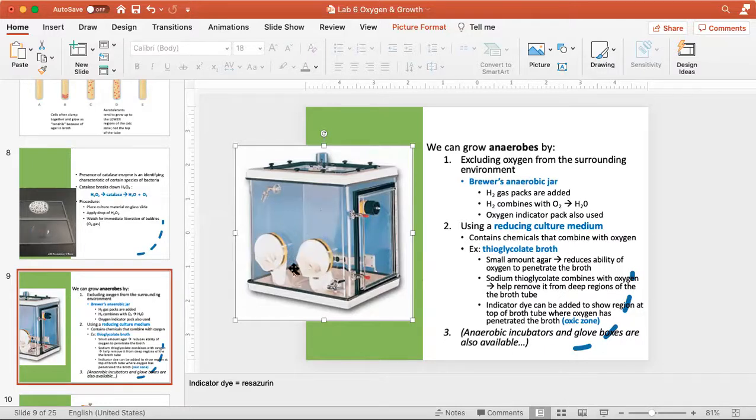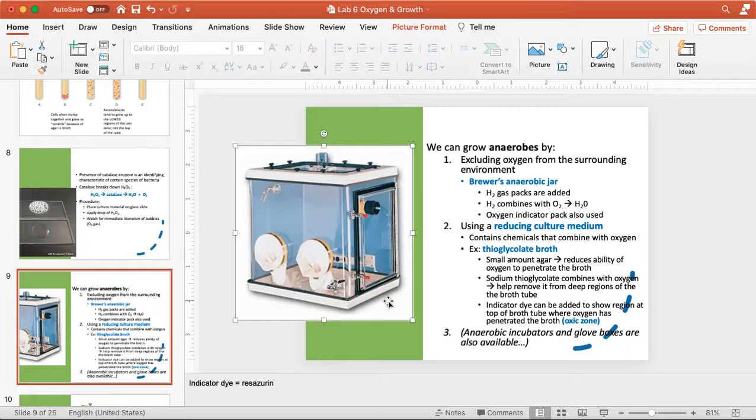It's a glove box, so you can put your hands into these gloves that are attached, and you can work inside the box. You can move plates around and culture tubes and so on. These are not very common unless a laboratory works with anaerobic organisms a lot. They don't tend to have these around.